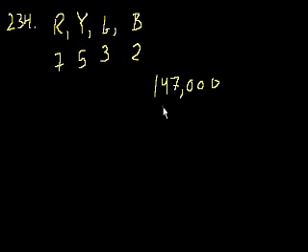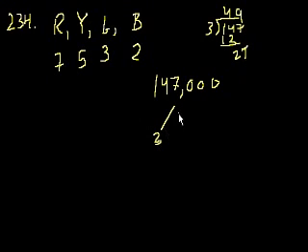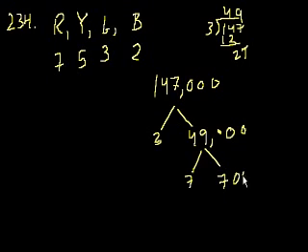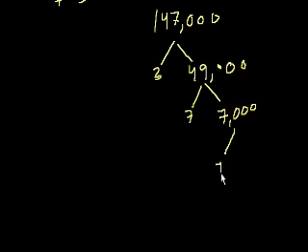How many times does 3 go into 147? 3 goes into 147, 49 times. So you get a 3, and you get a 49,000. You could do a 7, and a 7,000. And then you can get another 7, and you can get a 1,000.